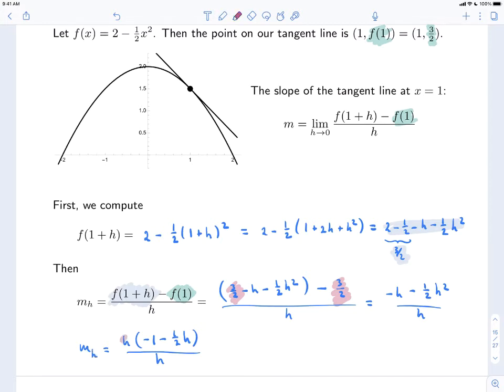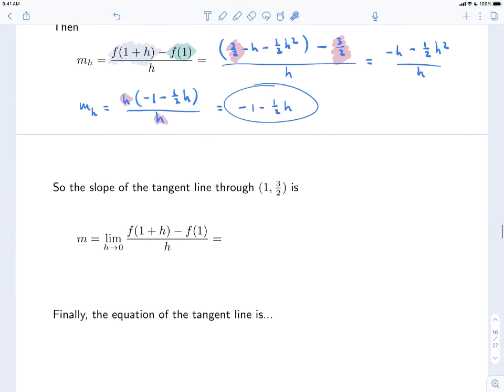Now the h in the numerator will cancel with the h in the denominator, and we're just left with minus 1 minus 1/2 h. So this is the slope of the secant line that passes through these two points, the point 1 comma 3/2 and a point that's just a little bit of a distance away.